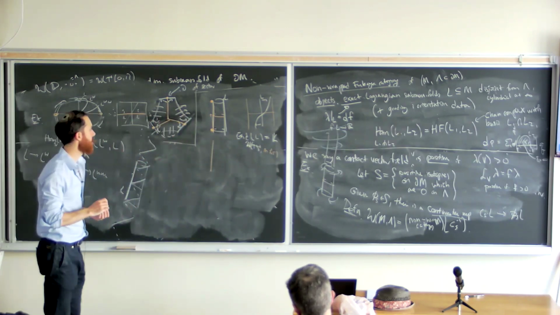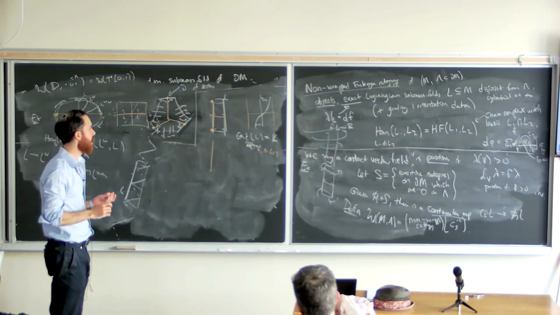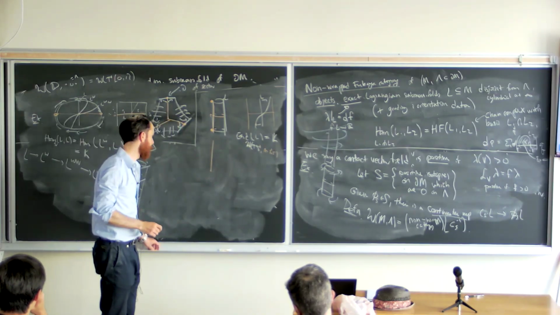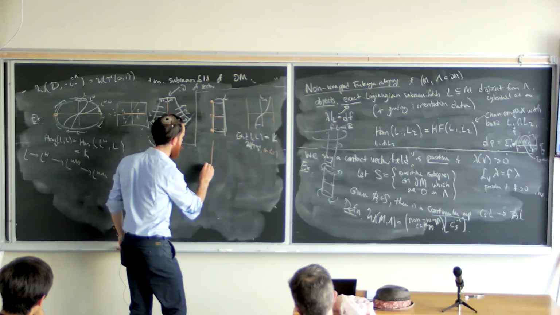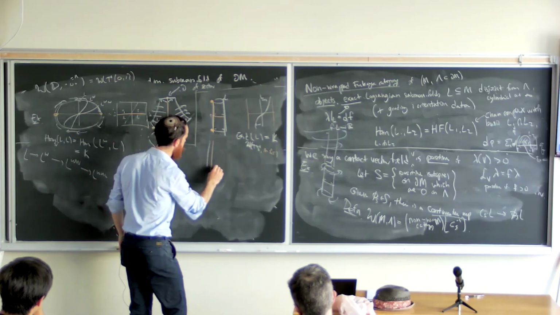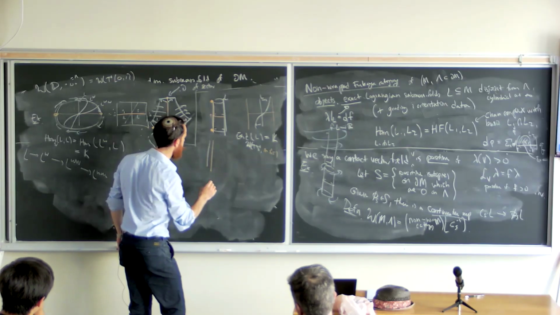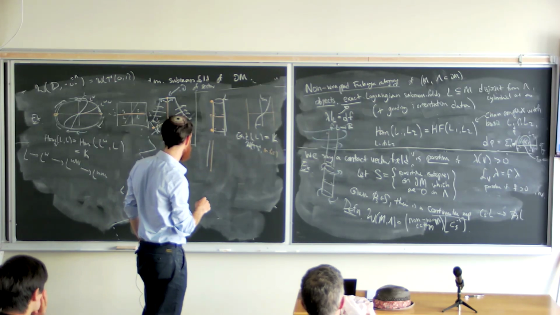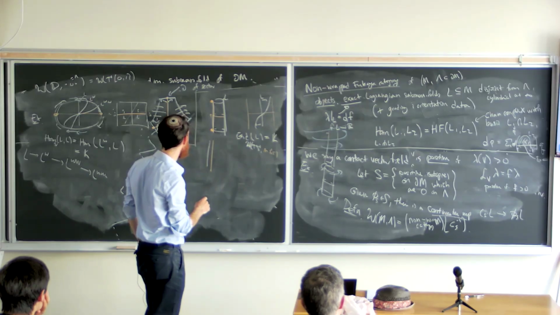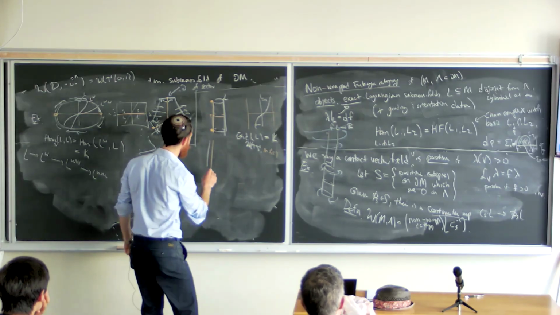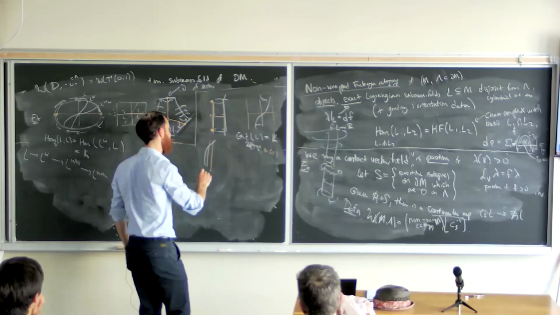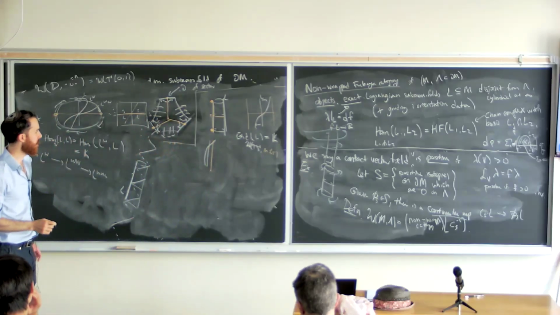So one thing I notice is that the difference between the fully wrapped Fukaya category of T star S1 and this wrapped Fukaya category is that if I take this Lagrangian here and this Lagrangian here, these are two different Lagrangians, and they have a Hom between them.